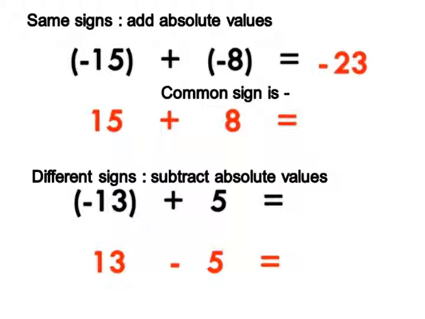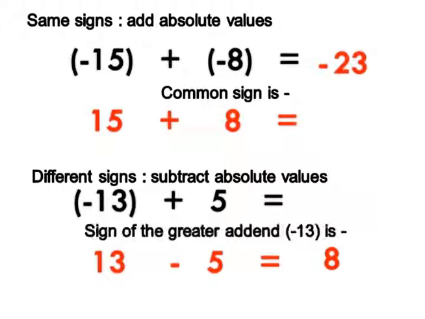Since we are going to subtract, it would be 13 minus 5. 13 minus 5 is equal to 8. Now the sign of the greater addend, which is negative 13, is negative. Therefore, our answer is negative 8. The answer for negative 13 plus 5 is negative 8.